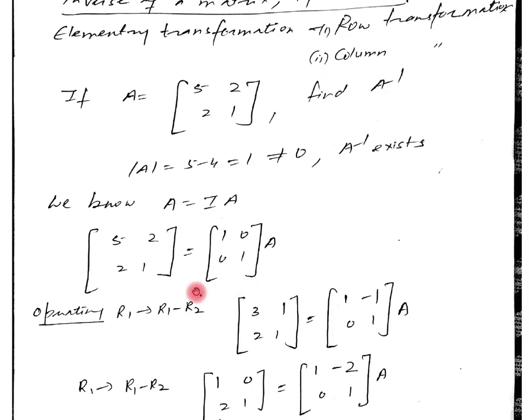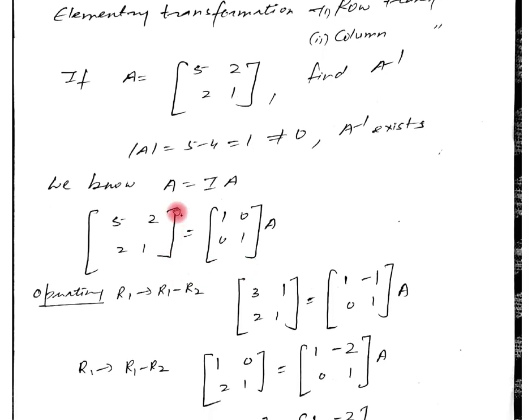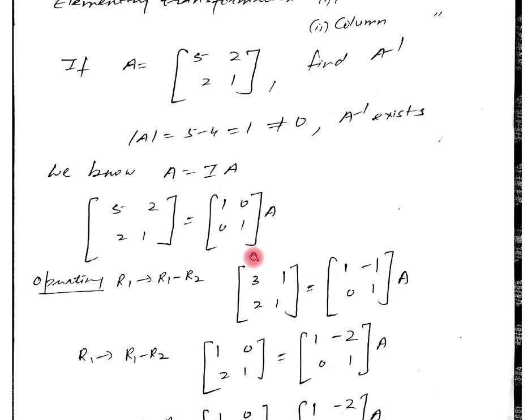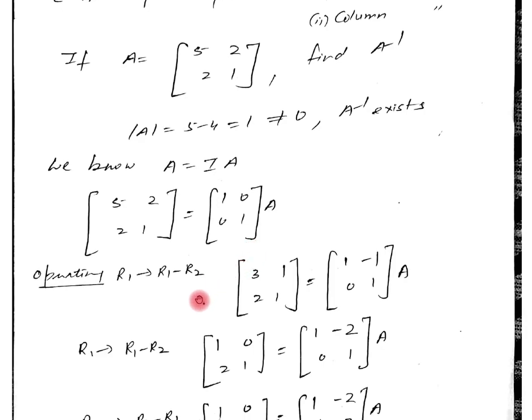Now let us see here. We know that A equals I into A. Now when the row transformation is there, there should be pre-multiplication by I. Now putting the values, A equals the identity matrix of order 2 times A. A will remain as it is. Now as it is row transformation, we have to apply all the operations in the rows.